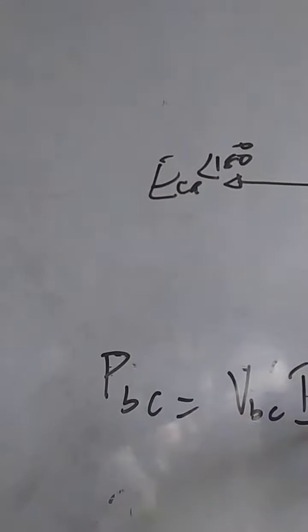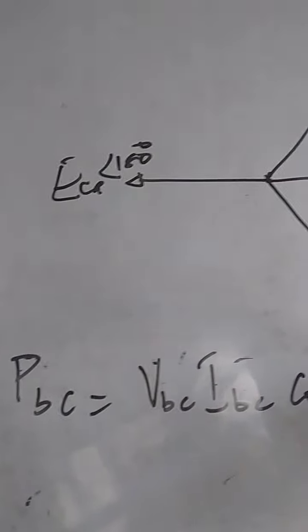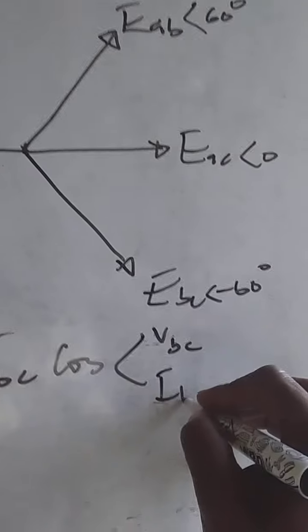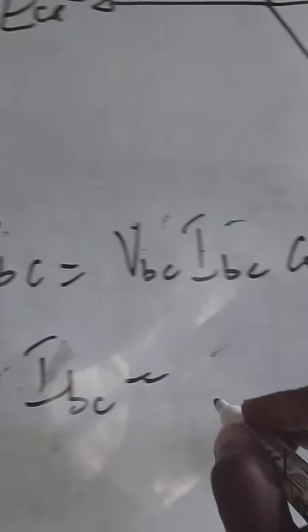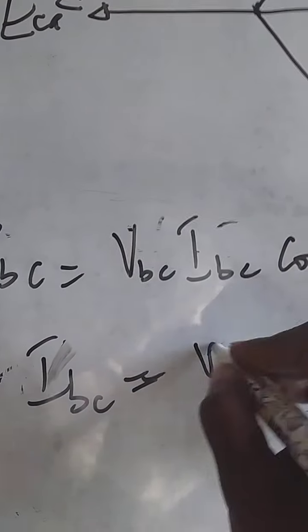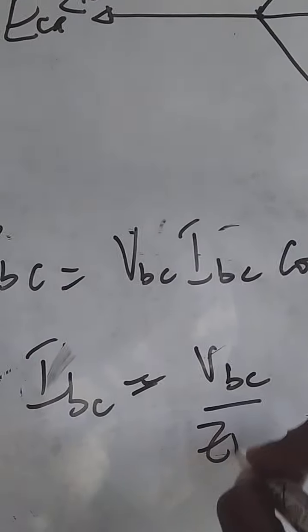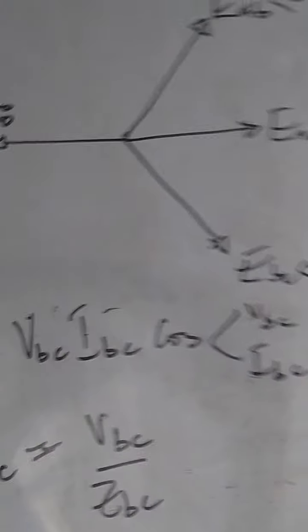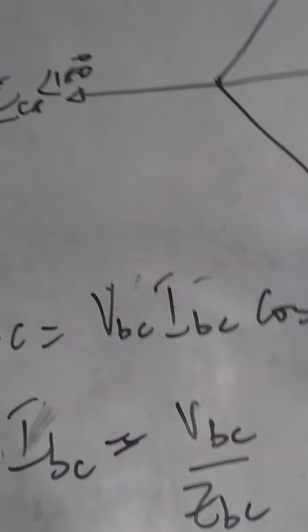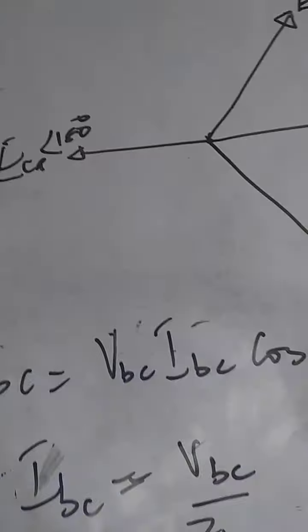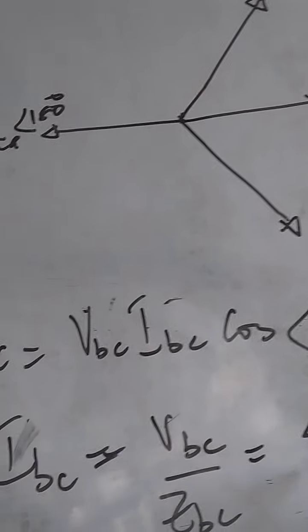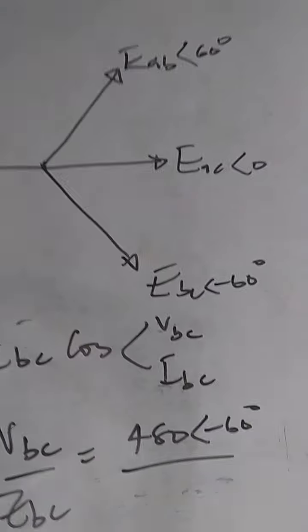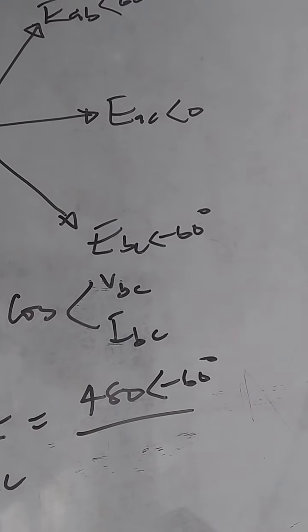Our PBC is VBC, IBC, cos of the angle difference. The first thing is we have to find our IBC, which is VBC divided by ZBC. Our VBC is 480 at angle minus 60 degrees, divided by ZBC.